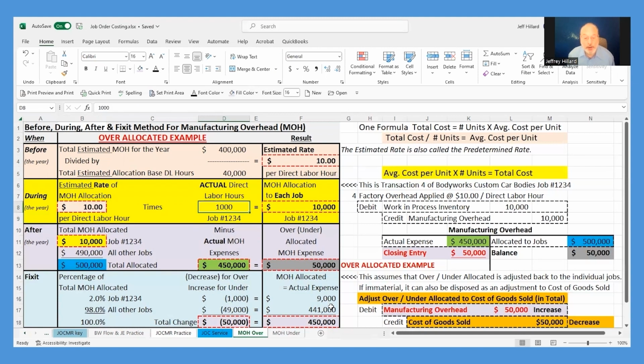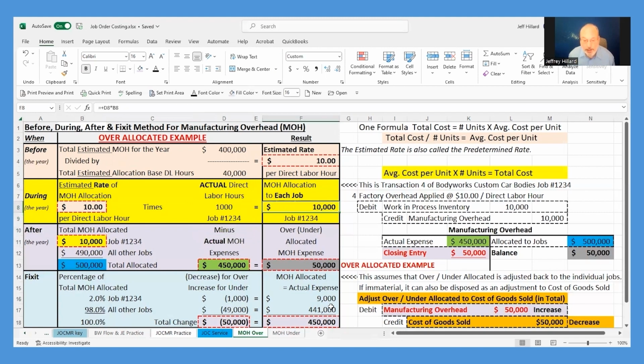So $10 times 1,000 hours equals $10,000 charged to the job. And this is our one formula again. So we're going to apply, or allocate, $10,000 to job 1, 2, 3, 4, because we're already tracking direct labor hours to get that into the cost of the job.